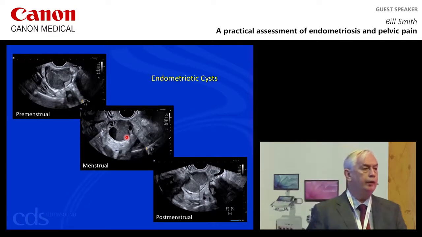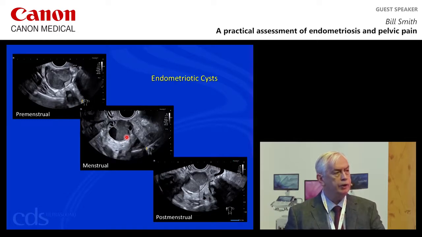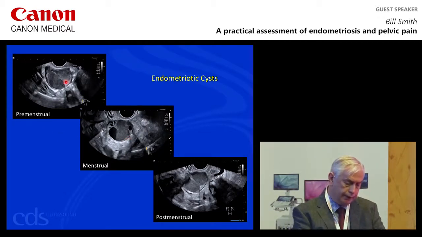the cyst. Remember, endometriotic tissue, ectopic endometriotic tissue, wherever it might be, will undergo the same physiological changes as the endometrium during menstruation. We'll see this again in terms of looking for adenomyosis. But you can see here the changes in an endometriotic cyst.